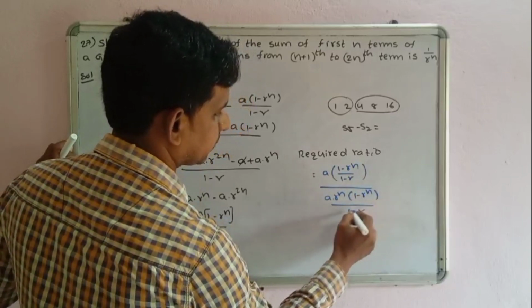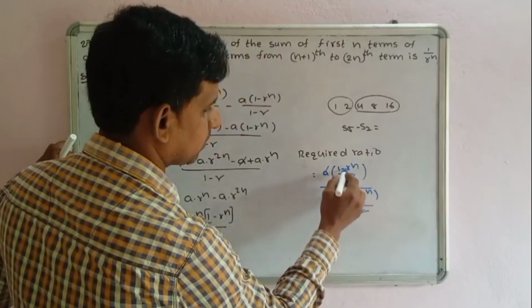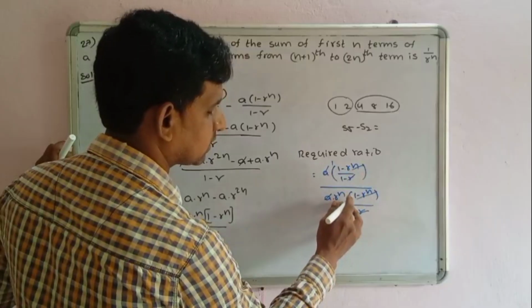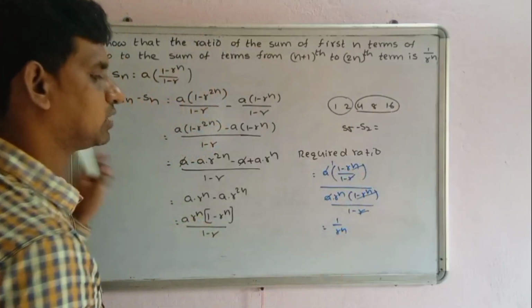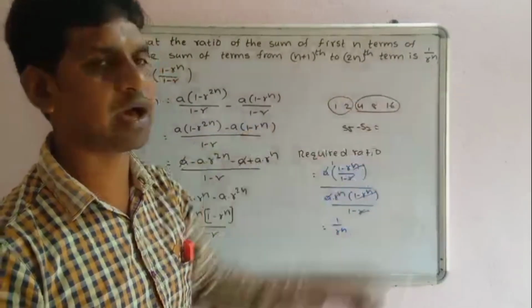Okay. Observe here: a gets cancelled, 1 minus r gets cancelled, 1 minus r power n gets cancelled. What remains? 1, and still r power n is there. So this is the ratio, 1 by r power n. So the ratio is 1 by r power n.